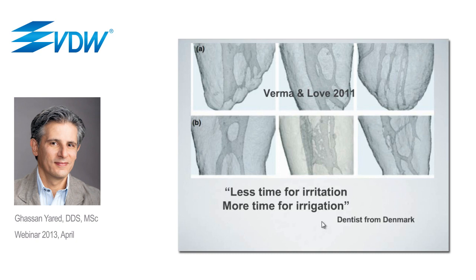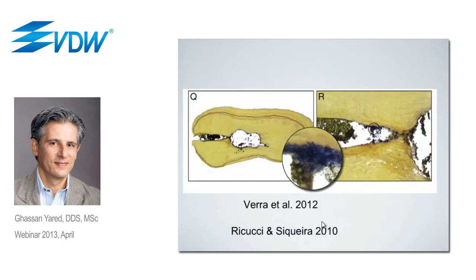So the time that we save on the canal preparation can be used at the end for a longer final irrigation. And we know from the literature that the final irrigation is the most important step for the cleaning and the disinfection of the root canal systems. With single file reciprocation, we are increasing the time for a final irrigation.